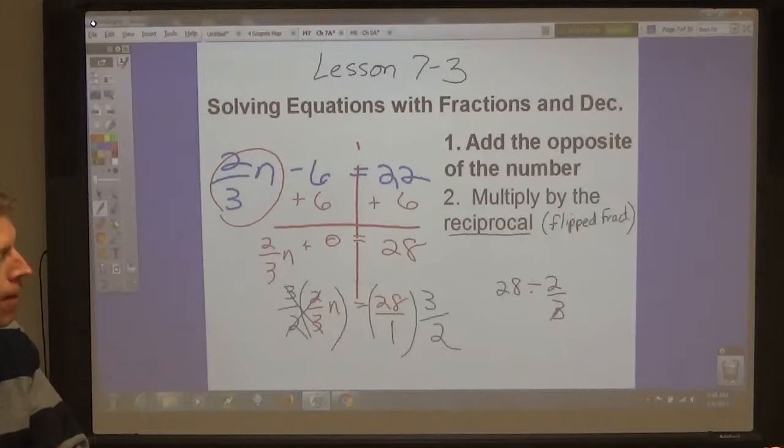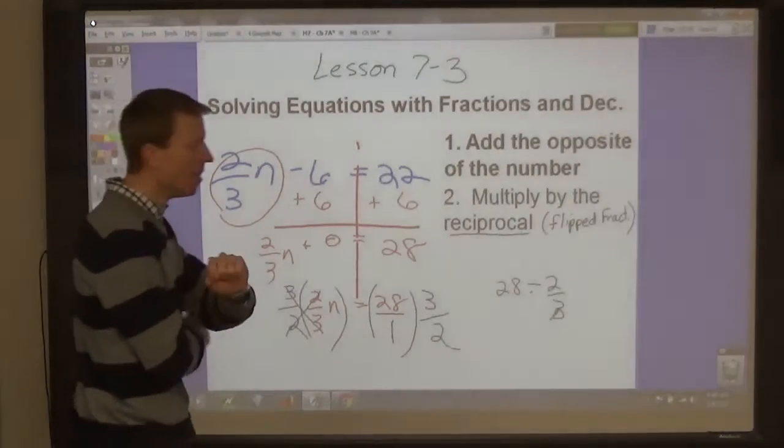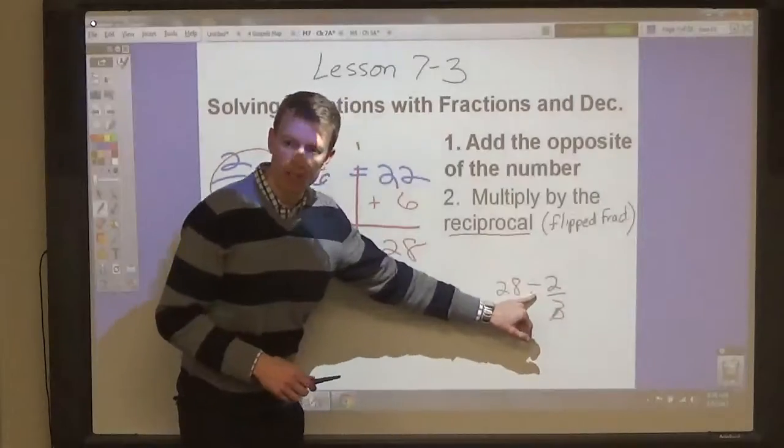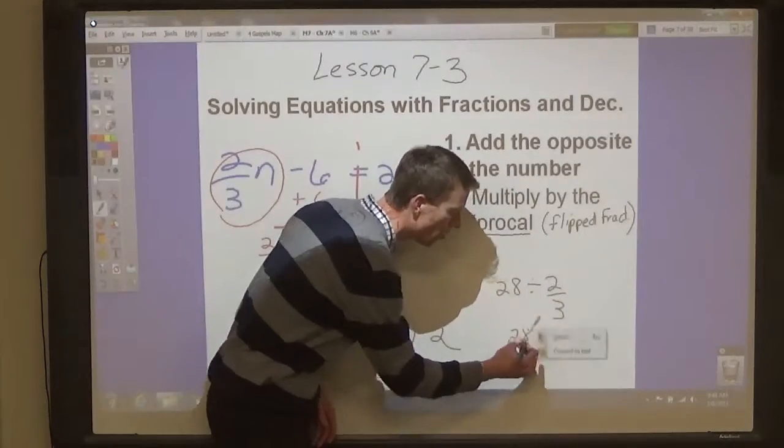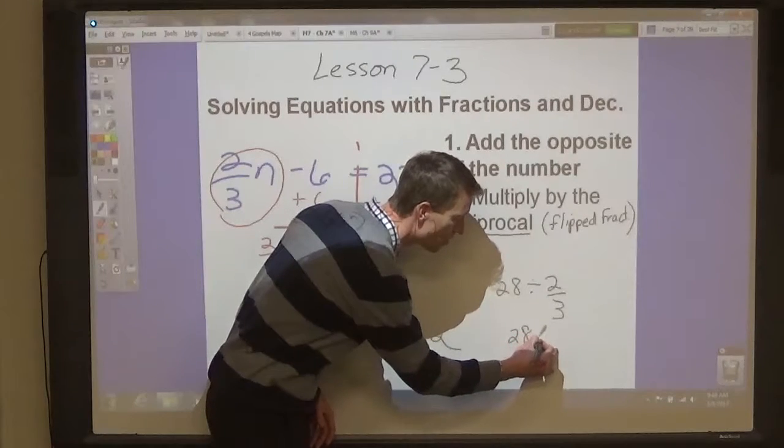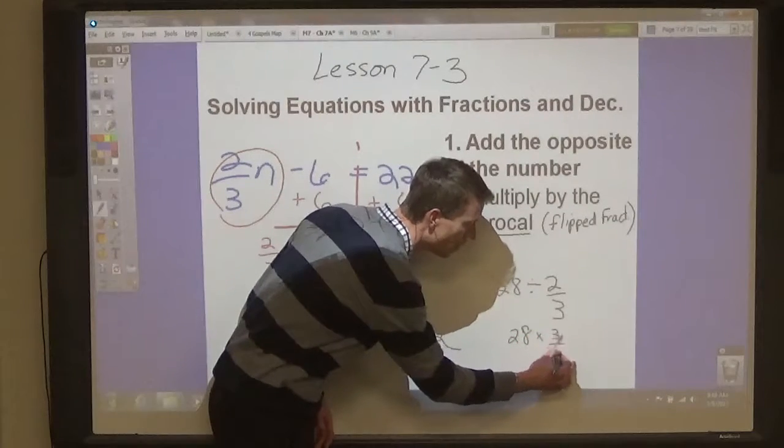Any number that you divide by a fraction, you multiply by its reciprocal. So if you have 28 divided by 2/3, you change it to 28 times 3 over 2.